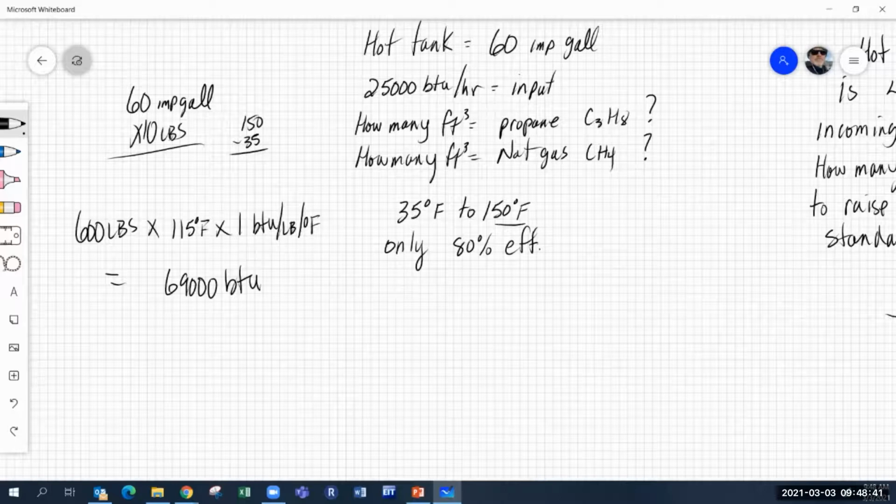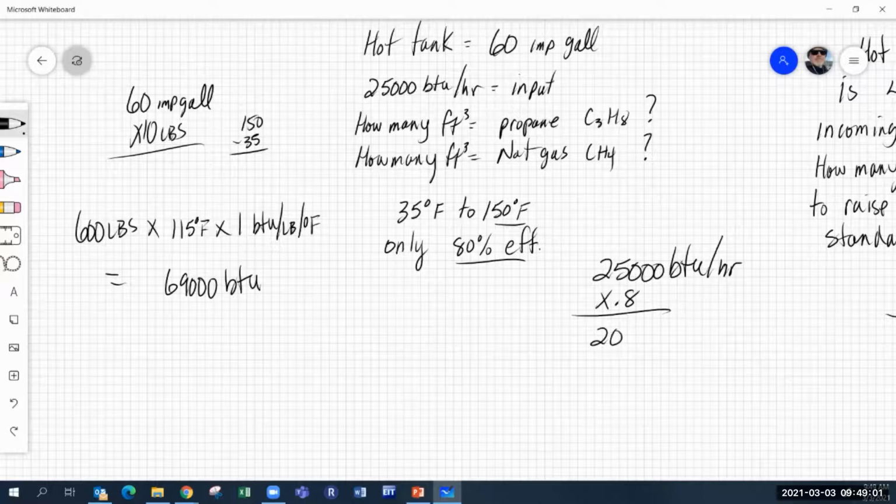But wait a second. I said that this appliance is only 80% efficient. So which means this appliance is 25,000 BTUs per hour. And if I multiply that by 0.8, the amount of heat going into the water is actually 20,000 BTUs per hour, only going into the liquid.